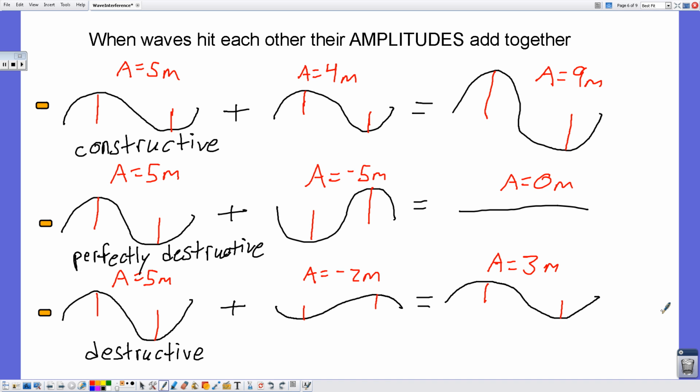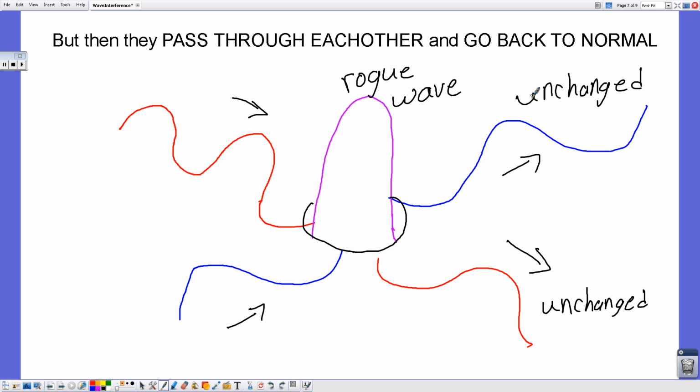And so, waves pass through each other, they interfere with each other when they're in the same spot at the same time, and when they're no longer in the same place at the same time, they go back to the way they were. They're completely unchanged by any craziness that happens because of the wave interference.